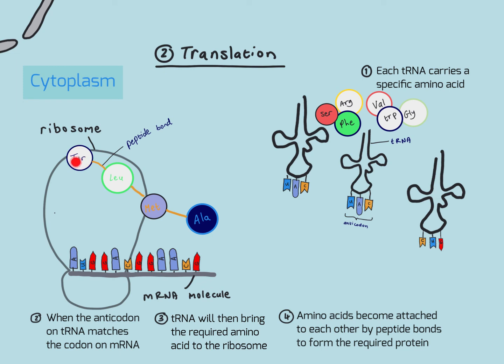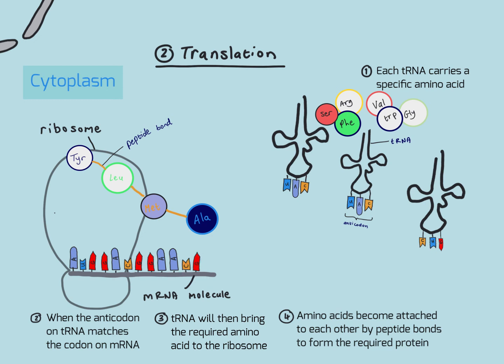So tyrosine has 3 nitrogenous bases or 3 nucleotides, 1 codon. Leucine, 1, 2, 3 nitrogenous bases, 1 codon. Methionine would also have been 1, 2, 3 nitrogenous bases, 1 codon. Alanine, 1, 2, 3 nitrogenous bases, and 1 codon.